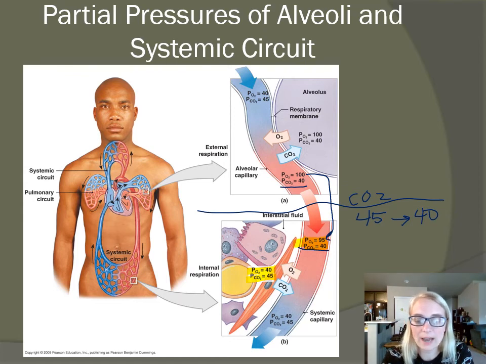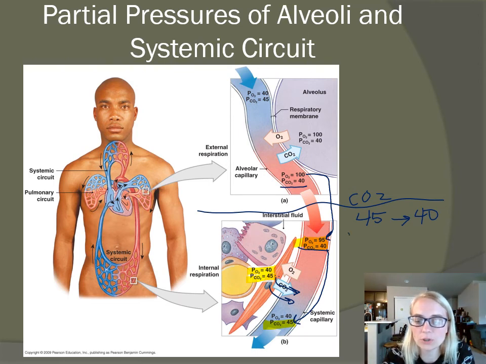And so you're going to have carbon dioxide going into the blood until it reaches equilibrium. Because the CO2 concentration in our tissues is higher than the CO2 concentration in our capillaries, CO2 will leave our tissues and be picked up by the blood as it goes from the 40 coming into the tissues to the 45 leaving, because we have a higher concentration of CO2 in the tissues.